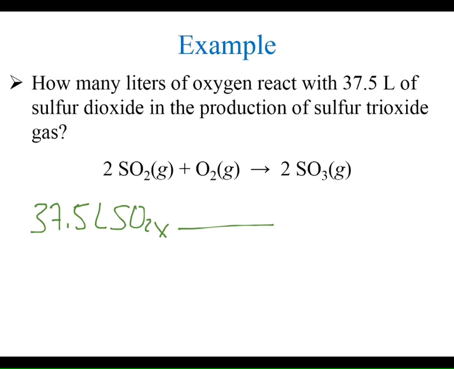Just the way 2 moles of SO2 needs 1 mole of O2, 2 liters of SO2 needs 1 liter of O2. Are you with me? Just use that exact same mole ratio, but now it's the volume ratio, with the same coefficients. So you're going to get half of that, right? What's that? 18.8, yeah.